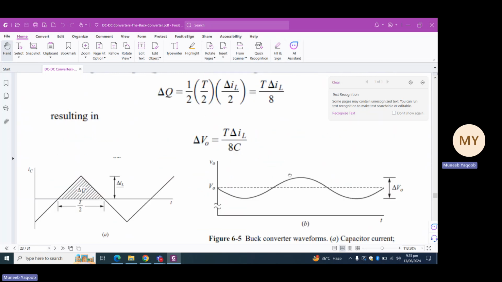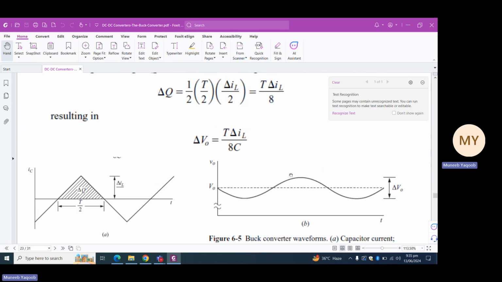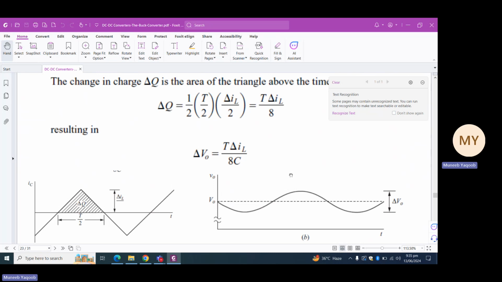Now, if we consider this figure, that is figure 6.5a, this del Q can be calculated by calculating the area of this triangle. As we know, the area of a triangle is equal to half into base into height. So we can easily conclude that the base is T upon 2 while the height is delta IL upon 2.